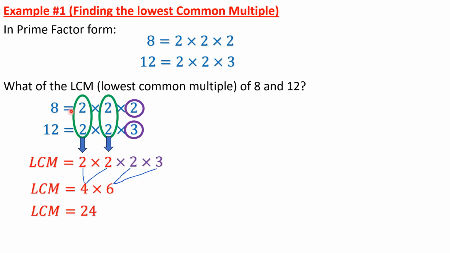So the LCM would be 2 times 2 times 2 times 3. For the first group, which is 2 times 2, you multiply that and you get 4. And then the second group, which is 2 times 3, you multiply that and you get 6. And then you multiply 4 times 6, which gives us 24. Very good explanation. Thank you. And where is 1? Do you understand how we got this?